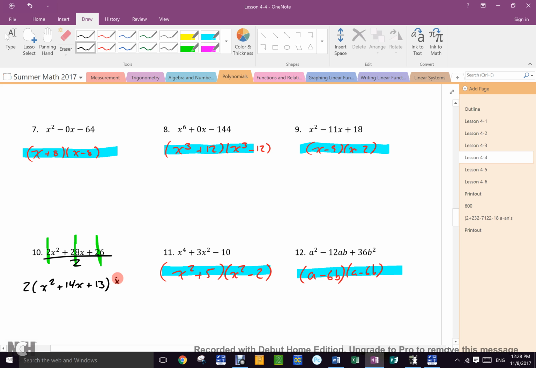So I know I need to multiply to the constant, which is 13, and add to 14. What are the numbers of 13 that will do that? Will 1 and 13 make 14? Yes. So it is 2x plus 1, x plus 13. Okay?